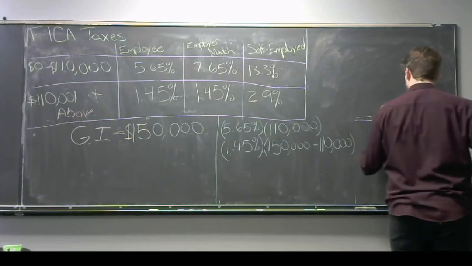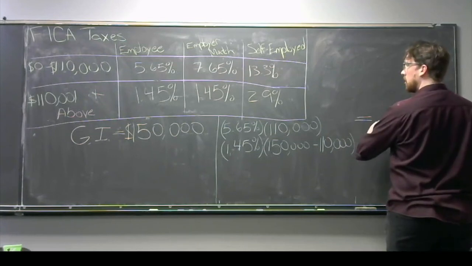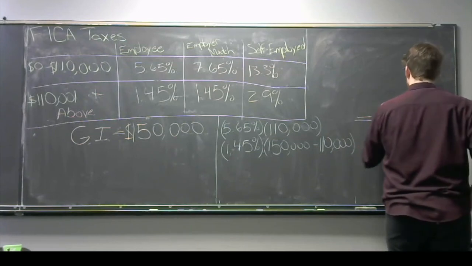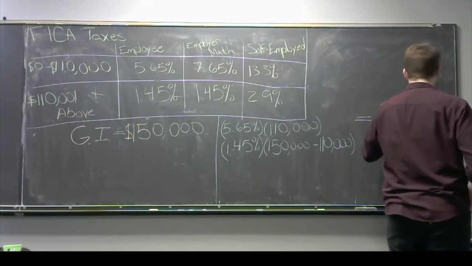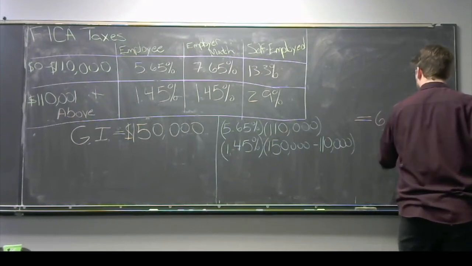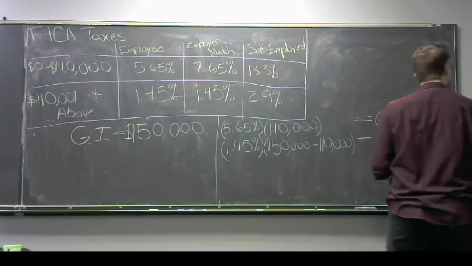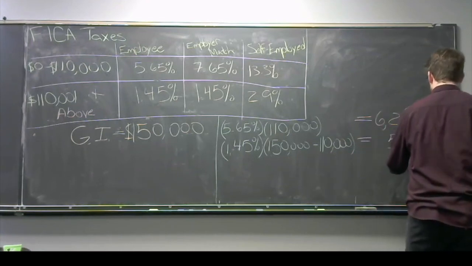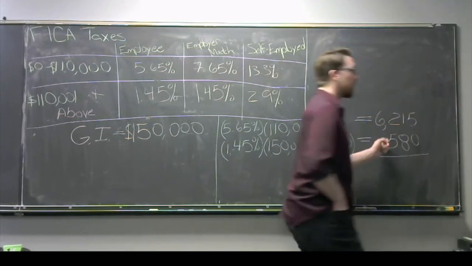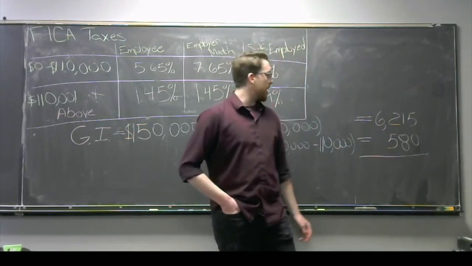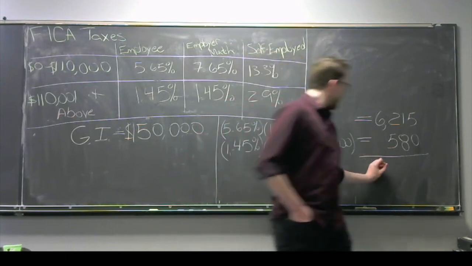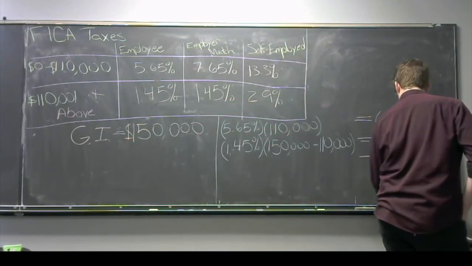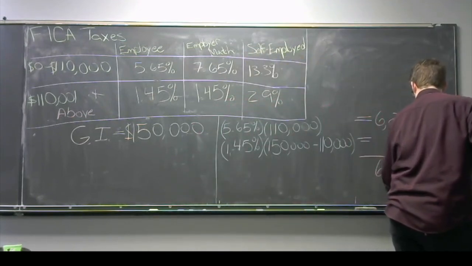So this is going to come out to be 6,215. Then this quantity is going to come out to be 580. And we're going to add them together and find that our total FICA tax is 6,795.